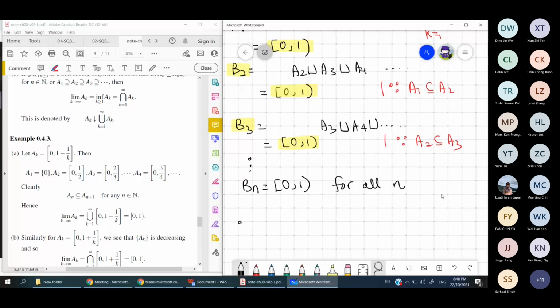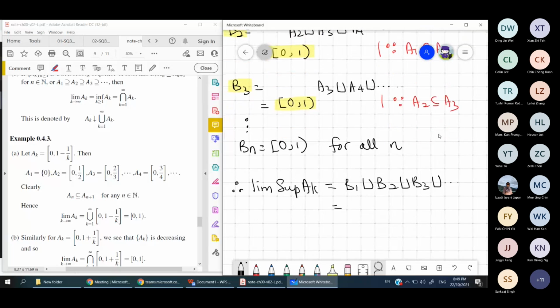Hence, the limit supremum of AK is the union of all the B. If you want to use a shorthand, this can be written as the union of all the Bn, running from 1 to infinity. Since they are all the same, this is 0 to 1. Okay, so that's the way to do it.